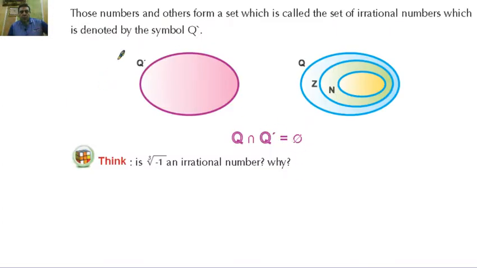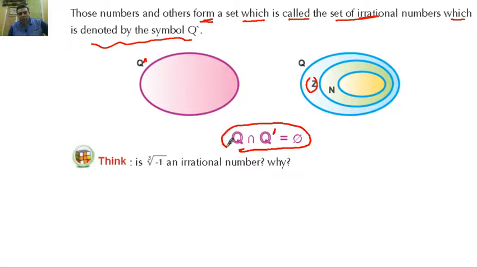This number and others form a set which is called the set of irrational numbers, which is denoted by Q dash. We mentioned before that natural numbers are a subset of integers, and integers are a subset of Q. So Q intersection Q dash equals the empty set.